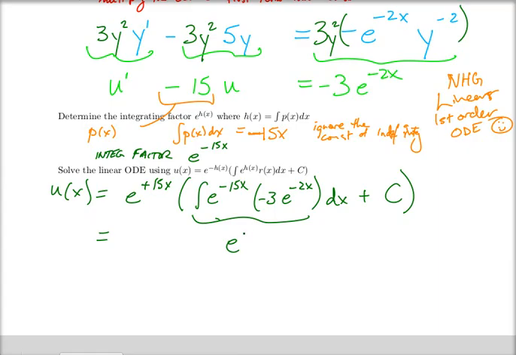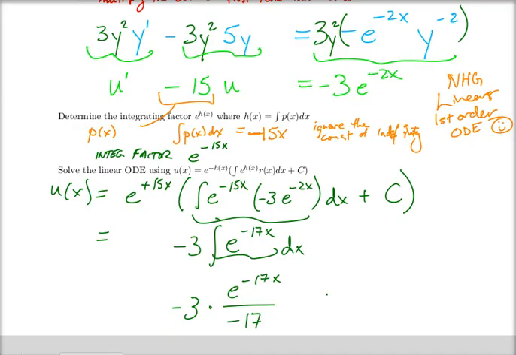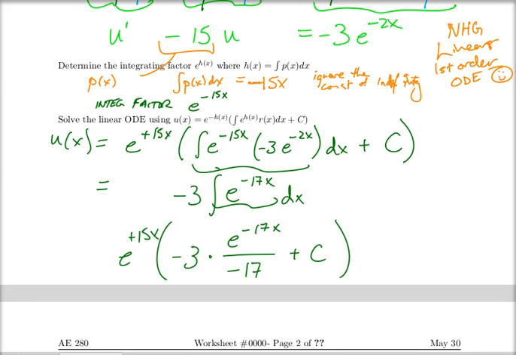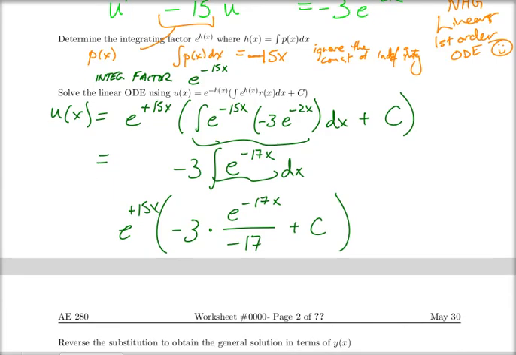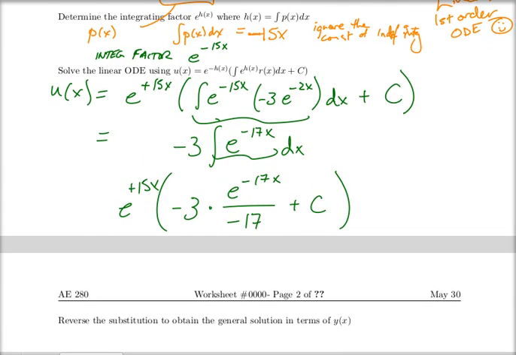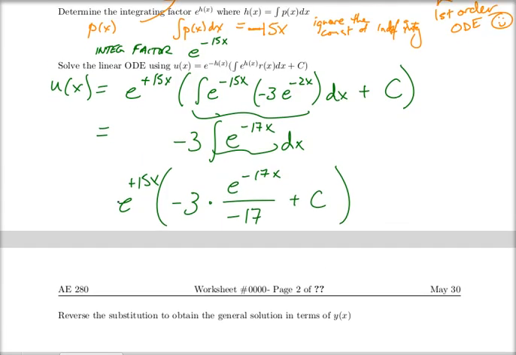This is going to be e to the minus 17x times minus 3, which when we integrate gives e to the minus 17x over minus 17 times that minus 3, plus c, times e to the plus 15x. It seems like it should be 18, huh? But it's not. It doesn't change. All right, that's it.